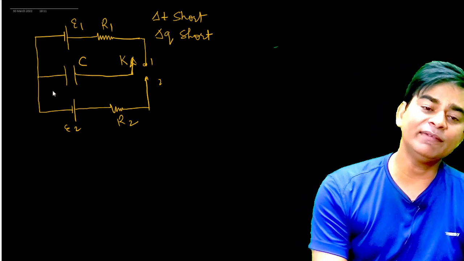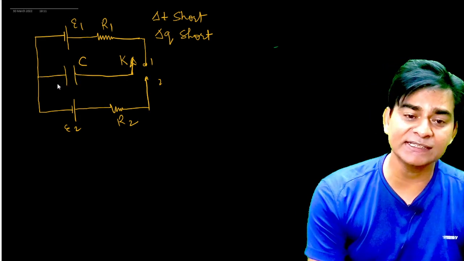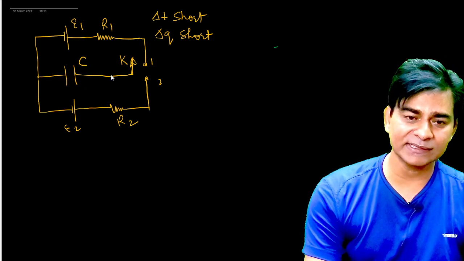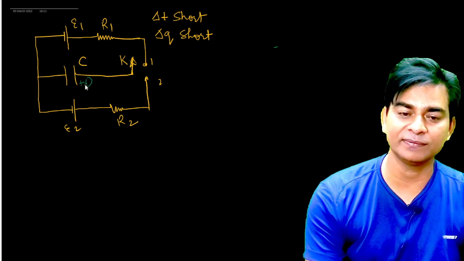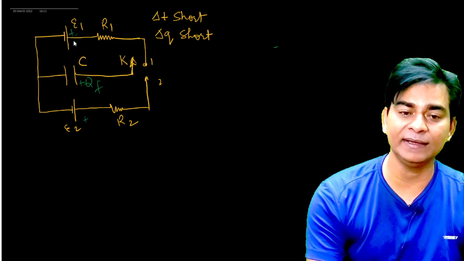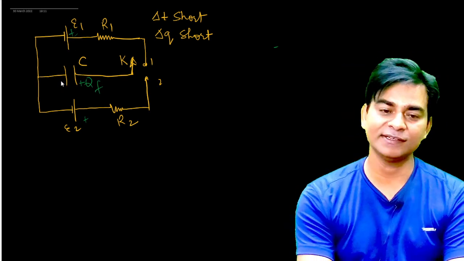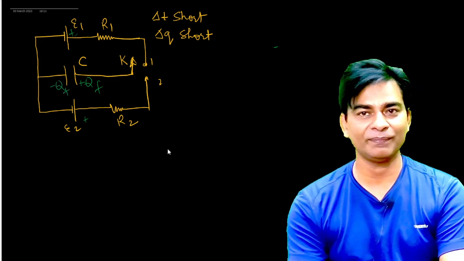Okay, then there will be a final situation, and in the final situation I say the charge on the capacitor, on this side, the right side, the charge will be positive, because these are the positive terminals of the battery, right? These terminals. And on the left plate of the capacitor, the charge is negative, minus Q final.